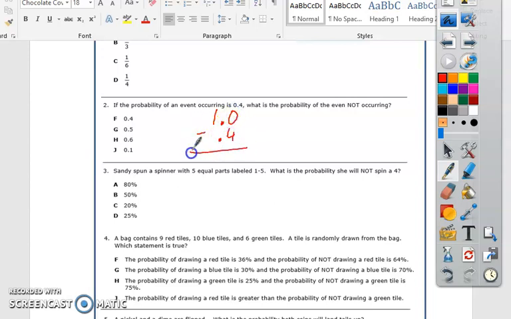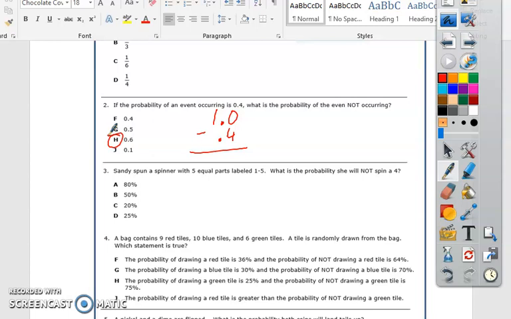This is how I find that opposite event. This is talking about complementary events. So what do we get when we subtract this? Hopefully you know 0.6.